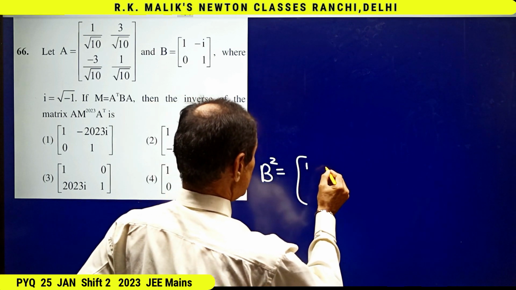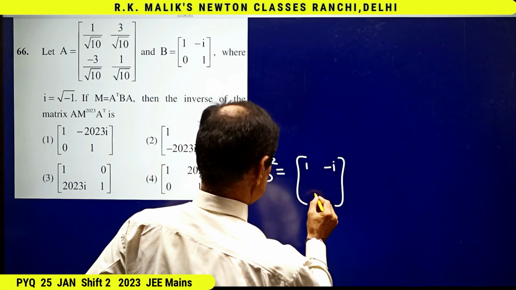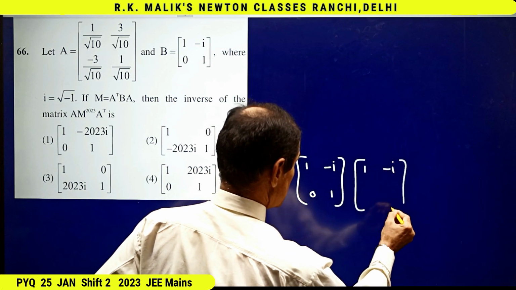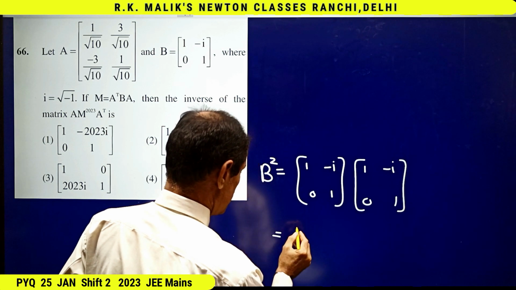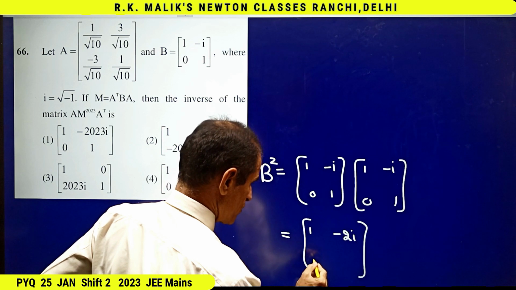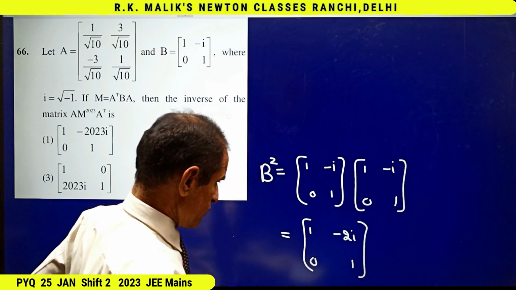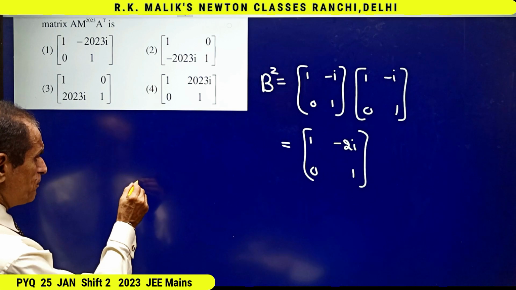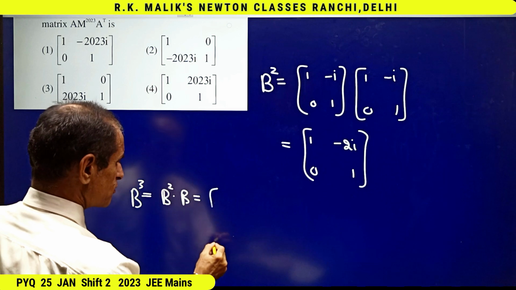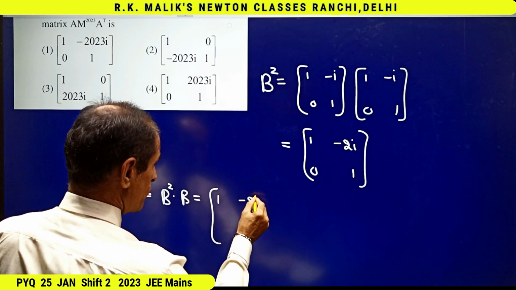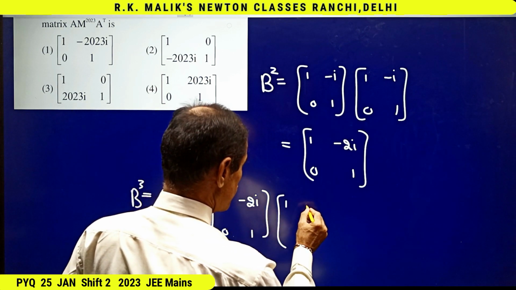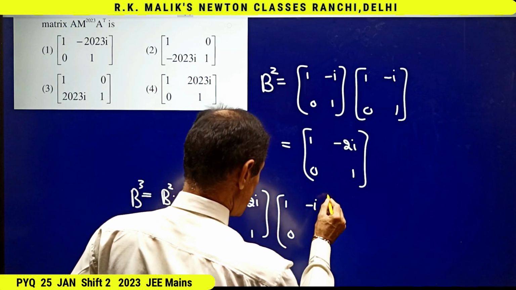That is, 1 minus i, 0 1, into 1 minus i, 0 1. This is equal to 1 minus 2i, 0 1. Similarly, if you find B cube, it will be equal to B square into B, that is 1 minus 2i, 0 1, into 1 minus i, 0 1.